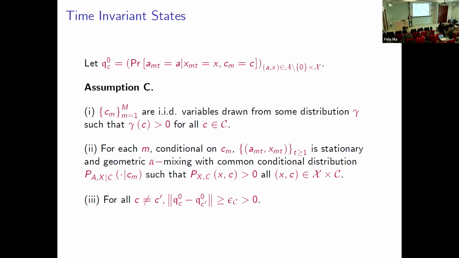It's stationary, satisfies some mixing condition. And these are very weak conditions, by the way, because we are essentially dealing with a finite Markov chain. Therefore, you can have these conditions holding under very weak requirements. And then we just say that the different CCPs that we're trying to estimate are different. Otherwise, there's no issue about heterogeneity.